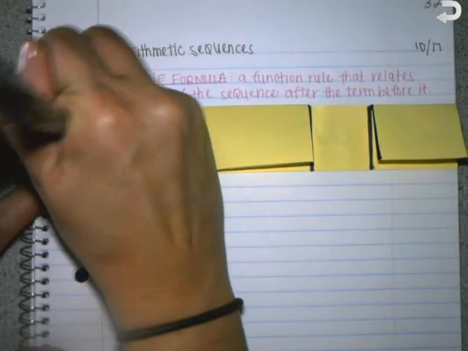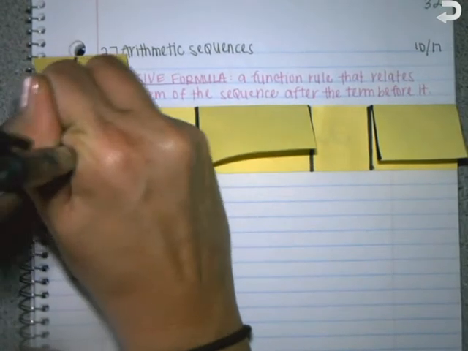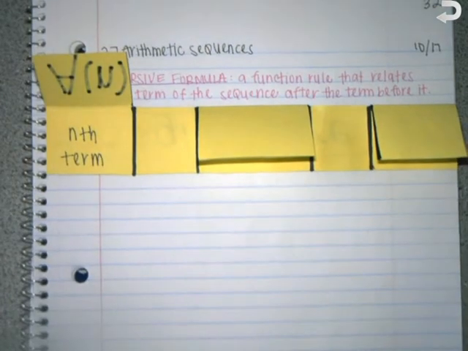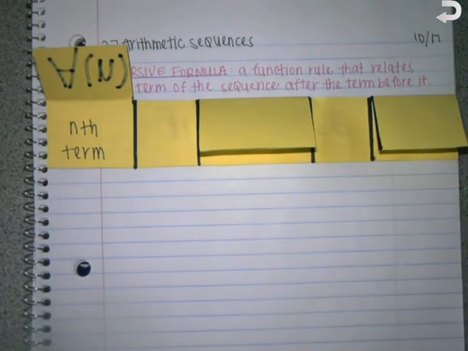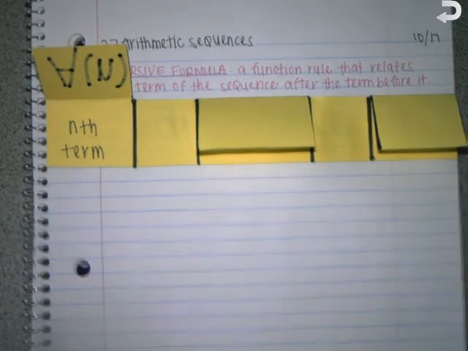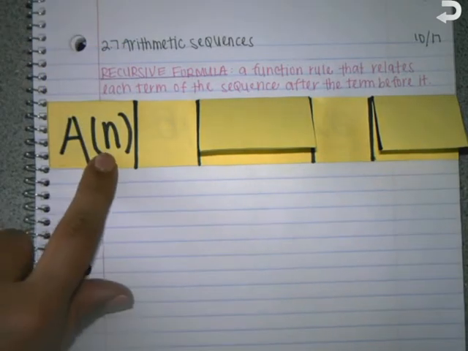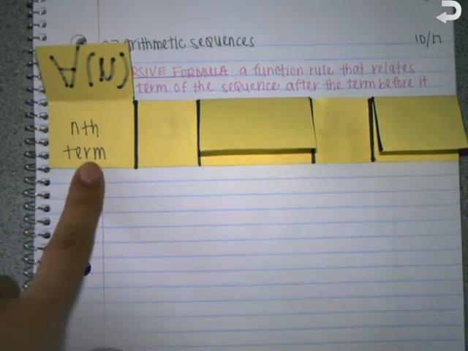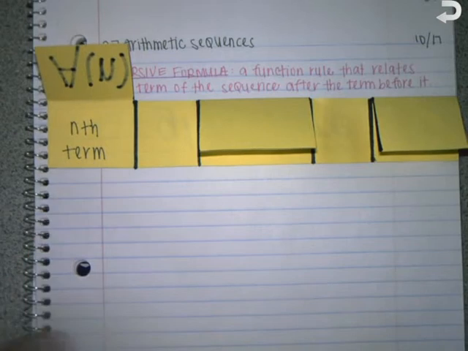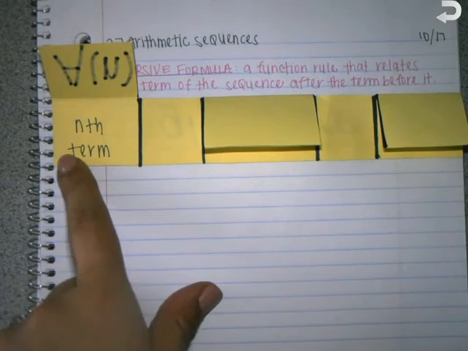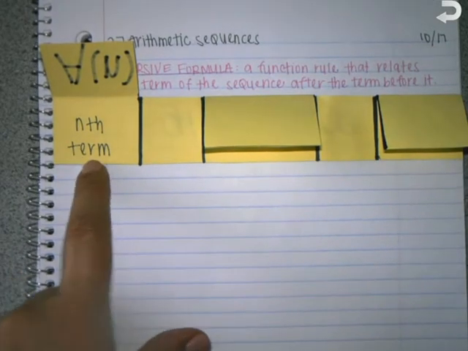In math, when we don't know what the number is yet, we call it the nth number. Once we do a problem, it's actually going to have a number in there for n, okay? So if I am looking for A of 4, that means I'm looking for the fourth term. If I have A of 1, that means I'm looking for the first term, okay? But when we don't know what n is, we have to call it the nth term.